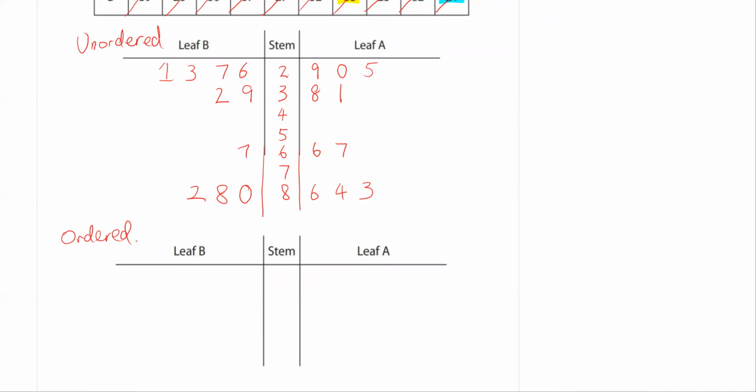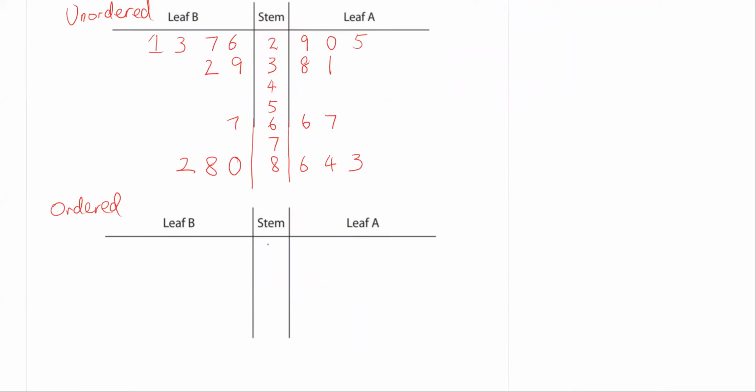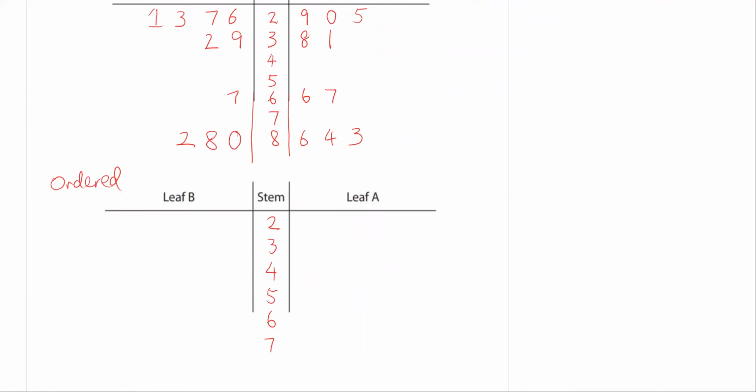Starting with the set A section, going from the left to the right in increasing order, let's fill in the stem first actually. 2, 3, 4, 5, 6, 7, 8.